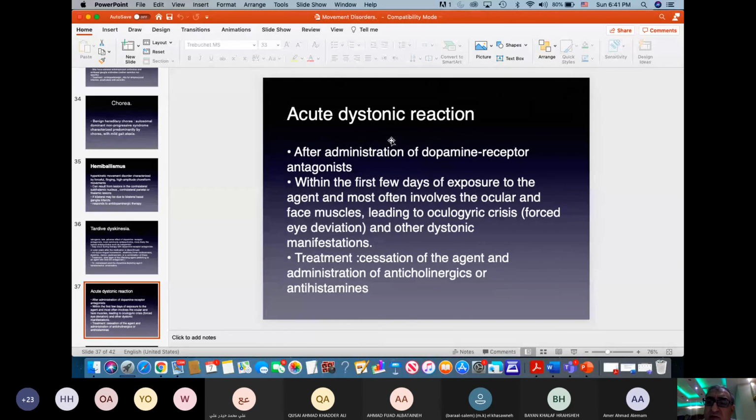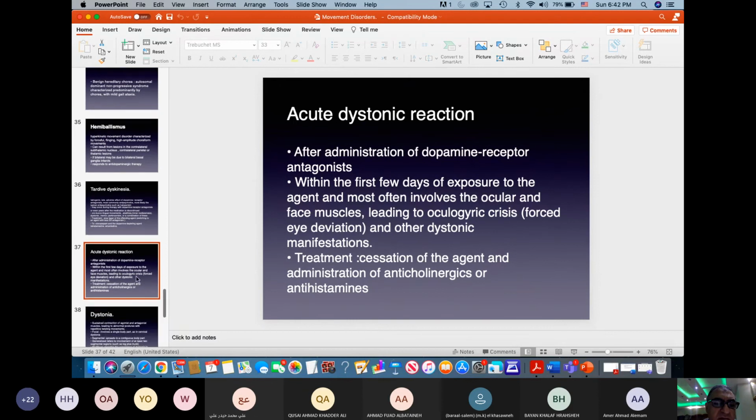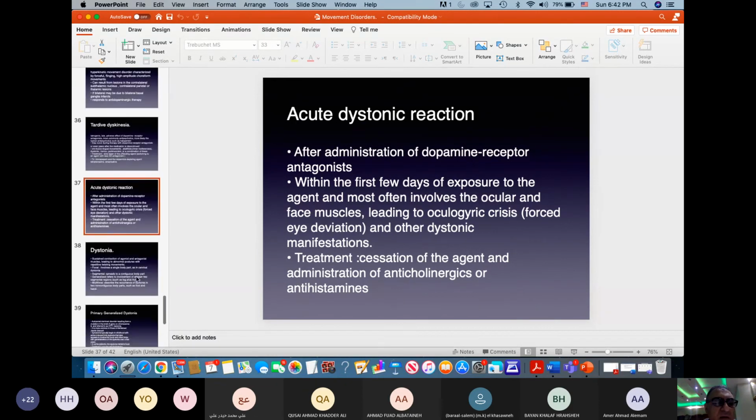We see it also with antipsychotics like haloperidol, aripiprazole, and others. How do you treat? You quit using the agent that caused it, and you might use anticholinergics or antihistamines like Benadryl. Benadryl is the brand name for diphenhydramine.